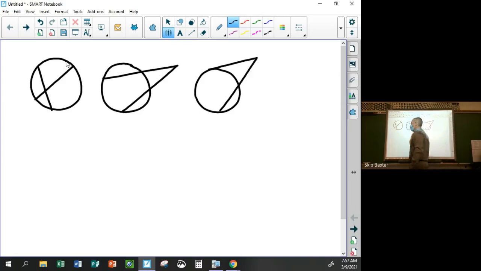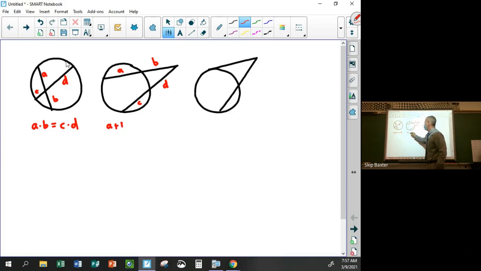Yeah, sure. So if this is A and B and C and D, this formula is A times B equals C times D. If this is A, B, C, D, then this formula is the whole secant, A plus B, times the outside part, B, equals this whole secant, C plus D, times the outside part.